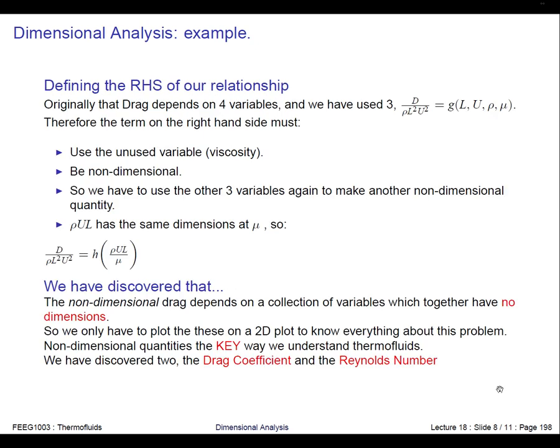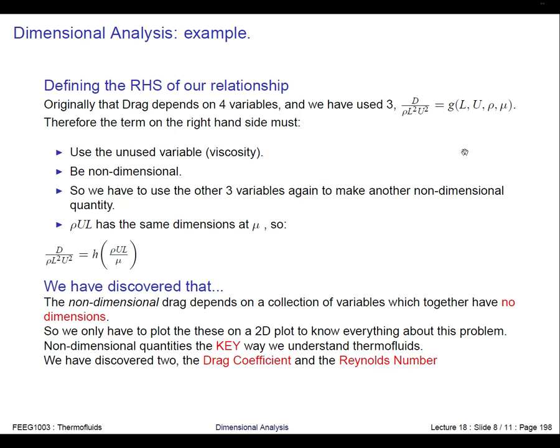Okay, so now we've got to make the right-hand side of our equation non-dimensional, because the left-hand side of our equation is non-dimensional, and it's an equation, so whatever terms we have in our equation, they've all got to have the same dimension. And we know for sure that the left-hand side is non-dimensional, so the right-hand side must be non-dimensional as well.